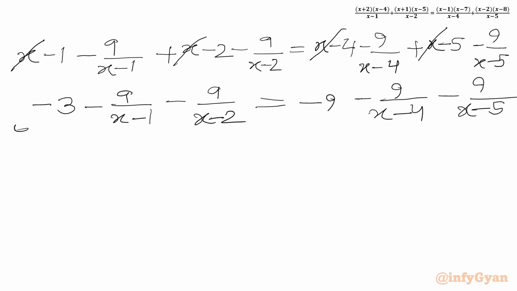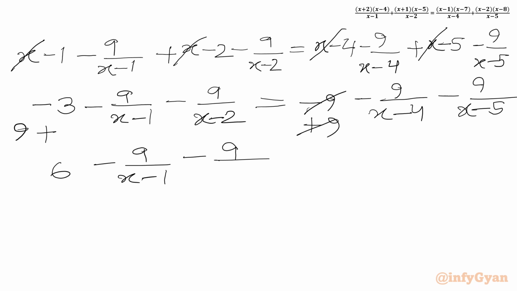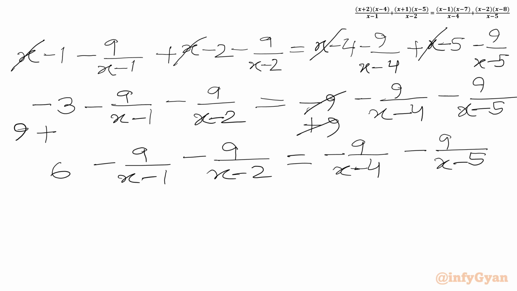So 9 minus 3 is 6. From RHS, minus 9 will be over. We will write minus 9 over x minus 1 minus 9 over x minus 2 equal to minus 9 over x minus 4 minus 9 over x minus 5.